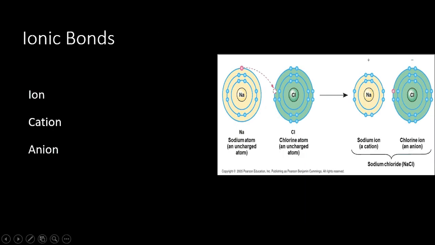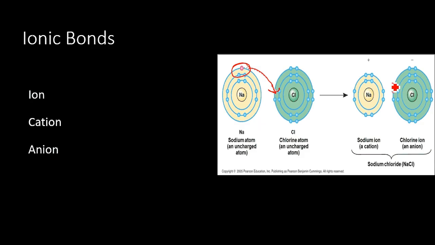Okay, now we talk about ionic bonds. Ionic bonds are those bonds that basically strip electrons from each other's atoms, depending on what atoms they are. So, for instance, in sodium chloride, the electron from sodium gets stripped from sodium and gets added onto chloride.